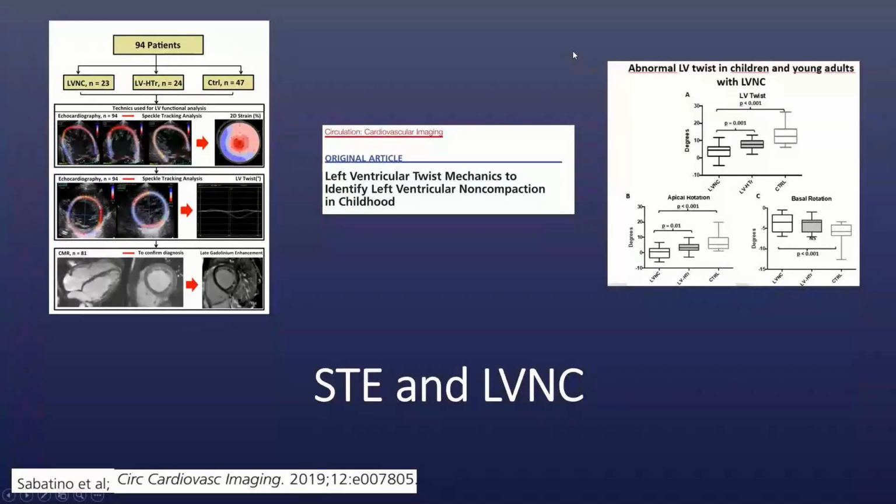And this can be of help because many times in our practice, we may see patients with a certain degree of hypertrabeculation, and we have to understand if it's real non-compaction or just hypertrabeculation. In one case, we found that the twist mechanics and the apical rotation were impaired, but according to MRI, there was just a hypertrabeculation. However, this patient had a strong family history for cardiomyopathies.